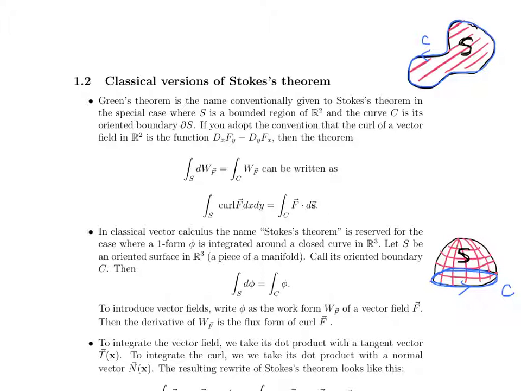If we choose to introduce vector fields, which is usually what happens when you're in a more applied course like 21A, or when you encounter this in something like physics, you'll note that phi is actually written as the work form of a vector field. And so then the derivative of the work form is the flux form of the curl. So here you have a choice between computing the work form of a vector field around the curve C or the flux form of the curl of F through the surface S.